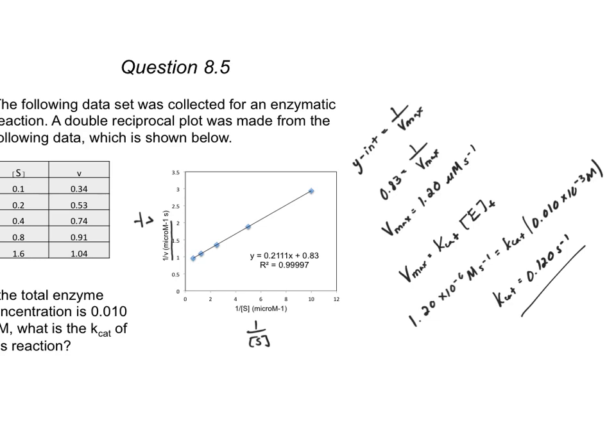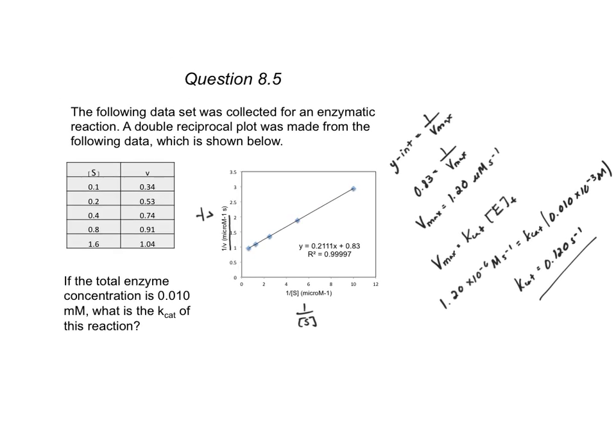A lot of people got 120, which is what you would have gotten if you hadn't converted the millimolar. Or did I do math wrong? Usually when people get different answers and I get something entirely different, I worry that I did math wrong. But if you take this and divide it by that, that is 0.12. Okay, good.